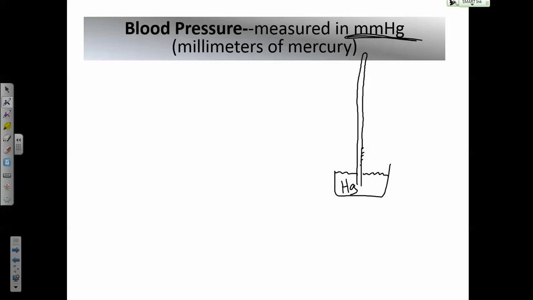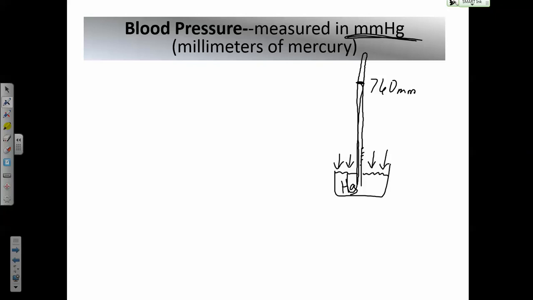If you set this at sea level, air pressure at sea level is enough to push that mercury up this column to a height of 760 millimeters. Therefore, air pressure at sea level is 760 millimeters of mercury.